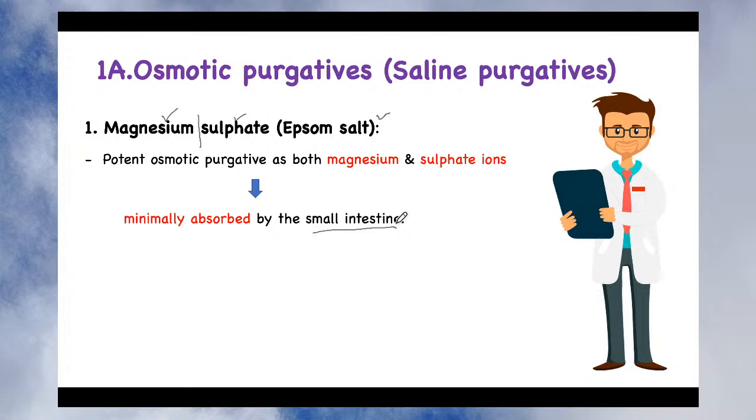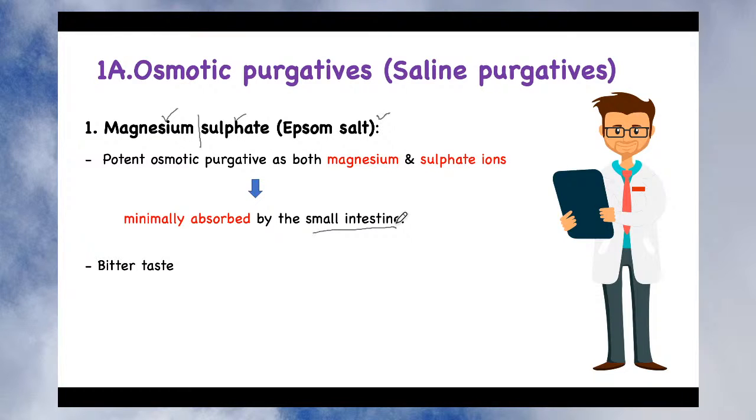And 100% of this drug will attract the water, and due to attraction of the water, it helps to change the consistency of the stool from hard to soft, or from solid to semi-solid, or from semi-solid to liquid, which enhances the process of defecation. So this is how magnesium sulfate works.